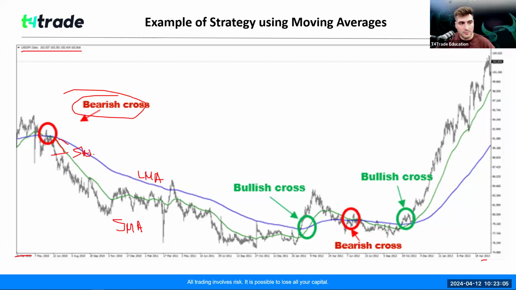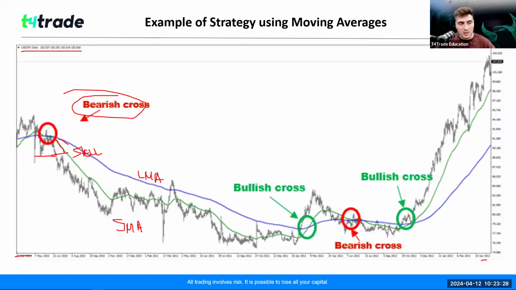Yep, sell. And await the next crossover. So we're talking obviously about a long-term trade here. So sell as soon as you see the confirmation with the breakdown of the price action from the prior support level.